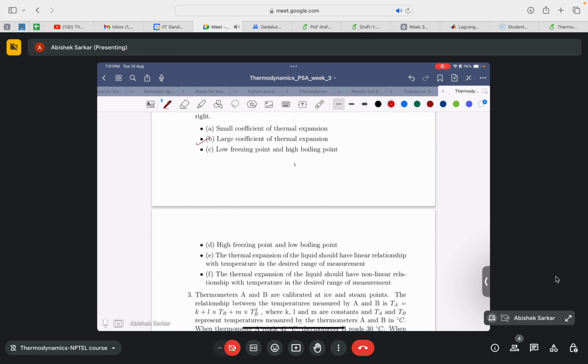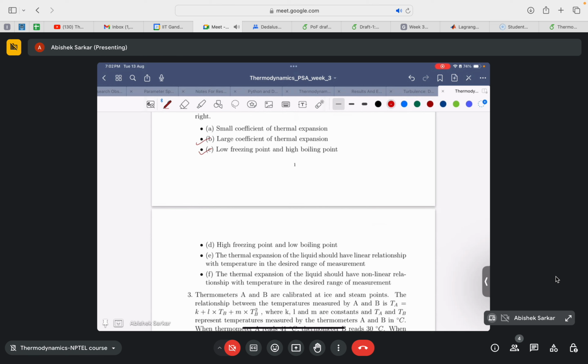Similarly, if it has a low freezing point and high boiling point, then the range of operation of the thermometer increases, right? For example, in the case of water, the range of operation for the thermometer is ideally from 0 to 100 degrees Celsius.